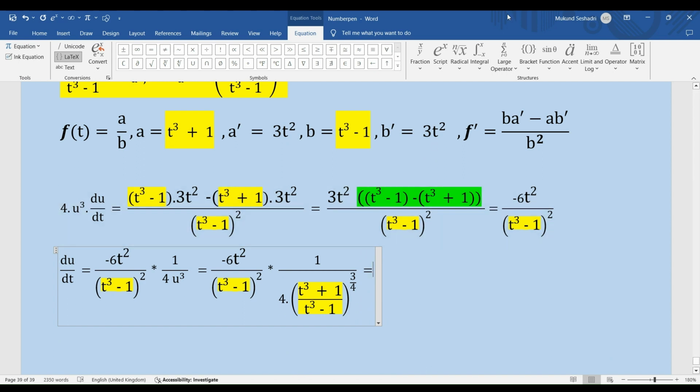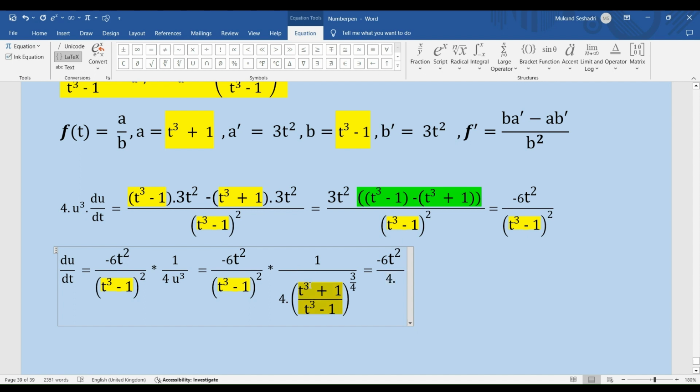So that leaves me with an opportunity to cancel out a part of t cube minus 1, right? So I have my minus 6t square, I write it as it is. I have my 4 as it is, though I know that 4 and 6 have some factoring out there.